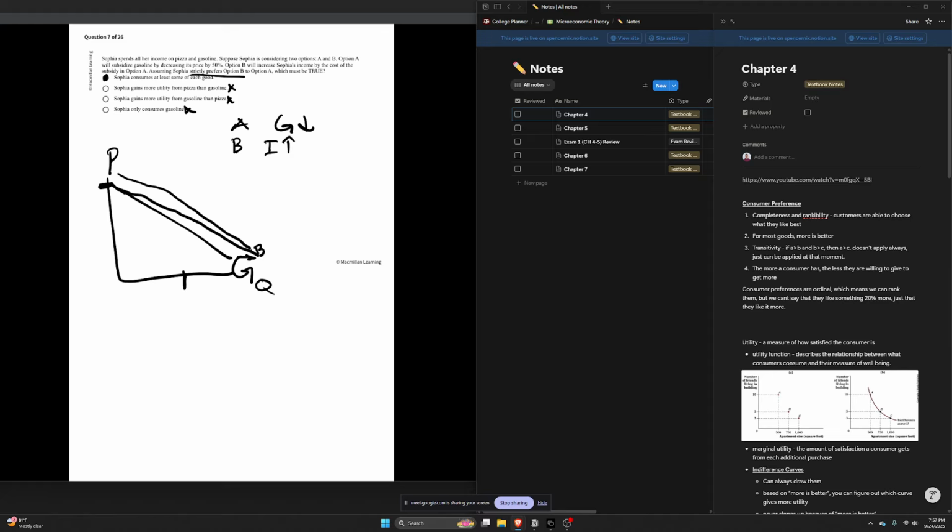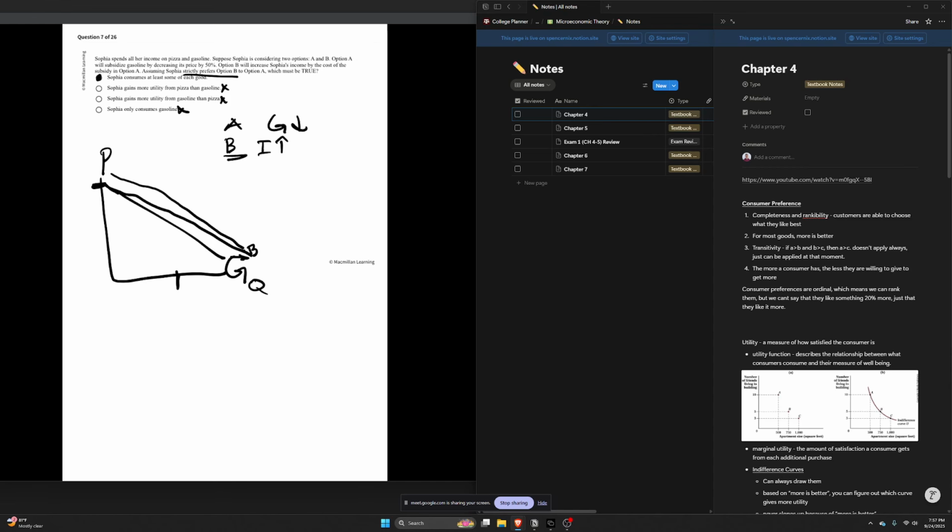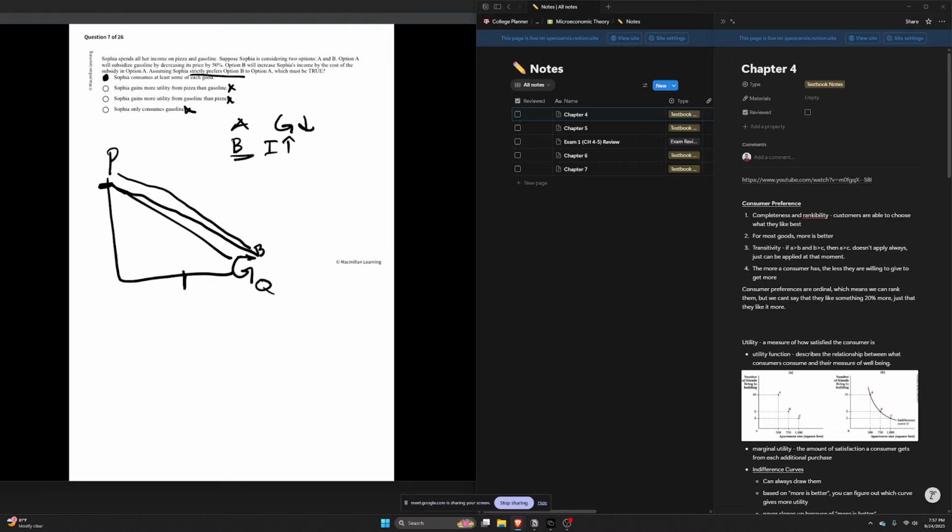So the only way that she prefers option B is with the income. Let me see if I can clean this thing up a little bit. So P, G, so her income increases. That would help her out on both of these goods, right? She can buy more of both of these goods.